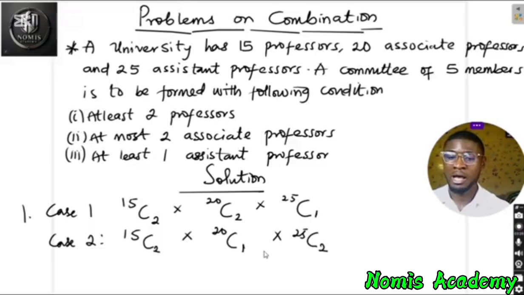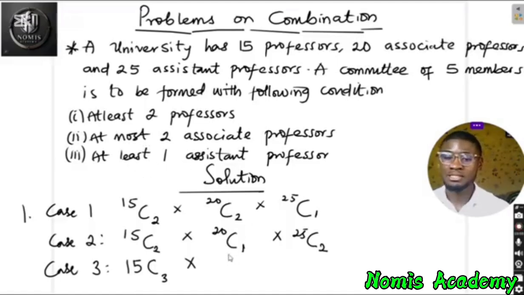Case number 3: at least 2 professors means I could take more than 2, so let me take 3 professors, that is 15 combination 3. Multiplied by, now I have just 1 left. Consider it carefully: at most 2 associate professors means I could take just 1, and at least 1 assistant professor means I could take just 1.